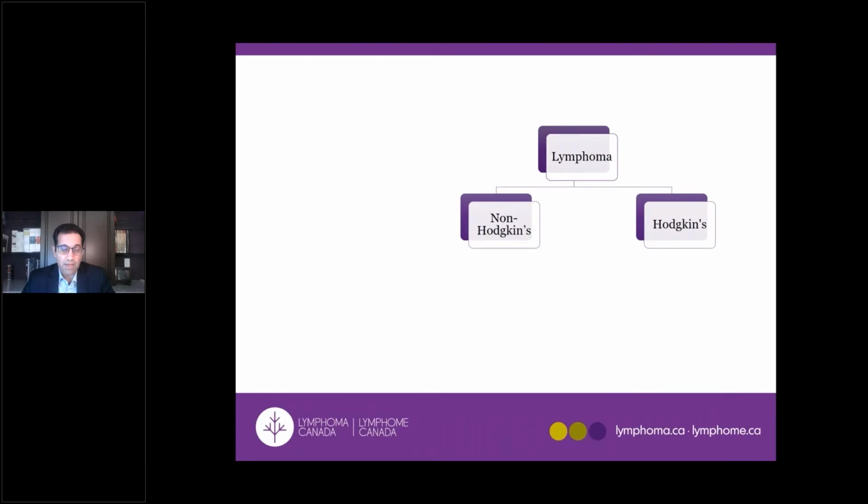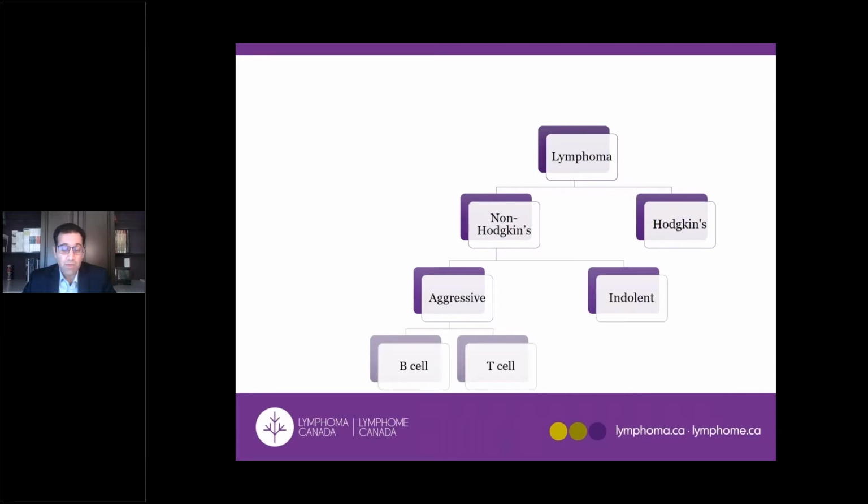Hematopathologists, clinicians, and gene specialists decided to divide lymphoma into two big categories: non-Hodgkin lymphoma and Hodgkin lymphoma. Under non-Hodgkin lymphoma, we can divide according to behavior into aggressive, which includes B cell lymphoma and T cell lymphoma, and indolent or non-aggressive, where follicular lymphoma is located, which has B cells or T cells.